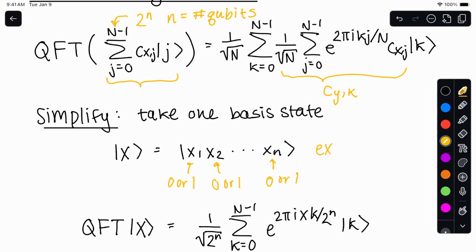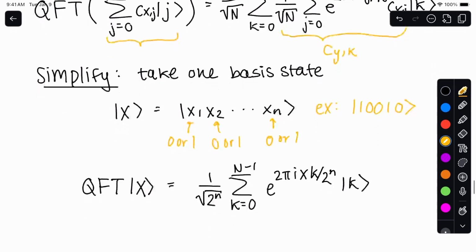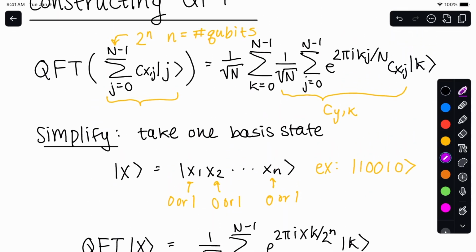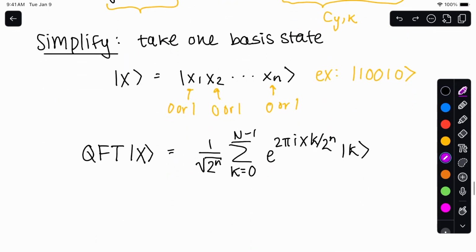So for example, x could be 1, 0, 0, 1, 0 if we're working with 5 qubits. Then the quantum Fourier transform is going to be as though only one of these amplitudes is non-zero, and it's 1. So we can just write down what we would get in that case.